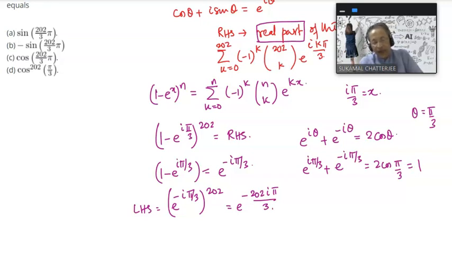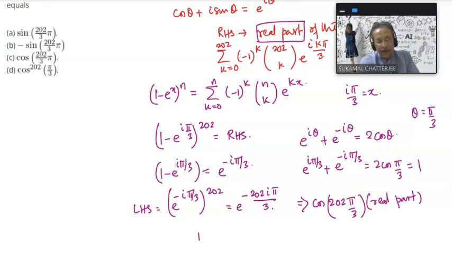And we are going to take the real part of it, which is going to be equal to cos of 202 pi by 3. So the right hand side becomes equal to cos of 202 pi by 3, which is option C.